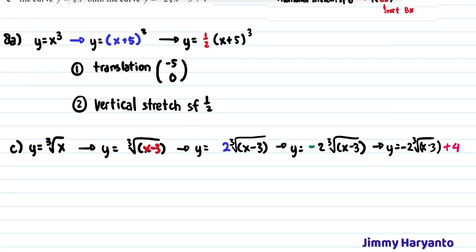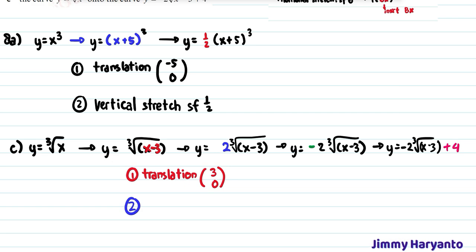So for the first one, the red one, we have translation 3, 0. And then the second one is the blue. The blue one is vertical stretch scale factor 2.